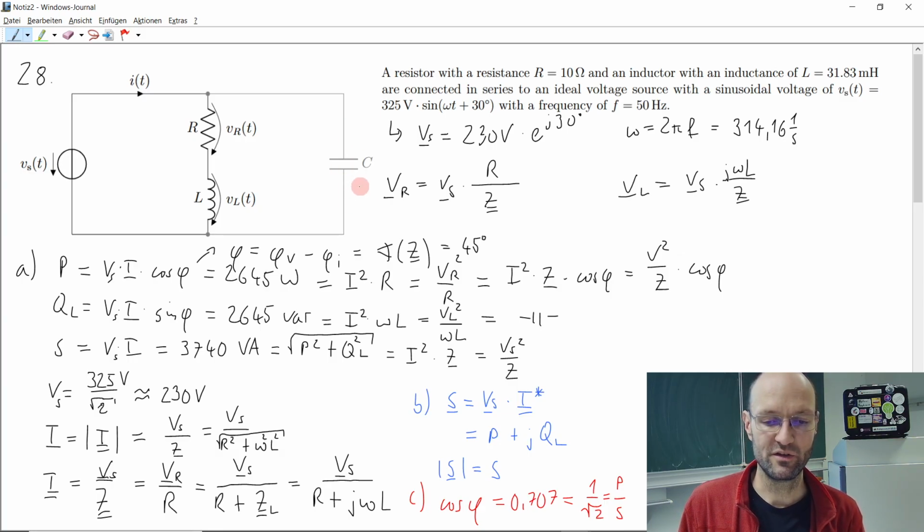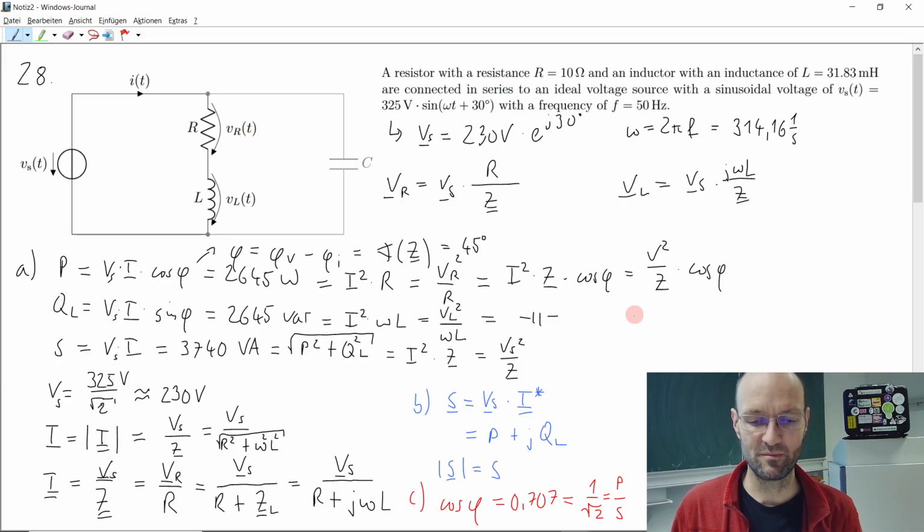So the question is, how large is the QC, the capacitive reactive power that we have in this capacitor? We already discussed many ways to calculate this for the inductive reactive power in the inductor, and we can check these different formulas.